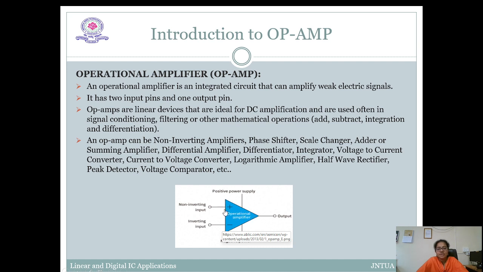This circuit has two inputs, a non-inverting input with the plus sign and an inverting input with the minus sign, and it needs two power supplies, one positive and one negative. Then one output collects the response of the circuit based on the inputs.